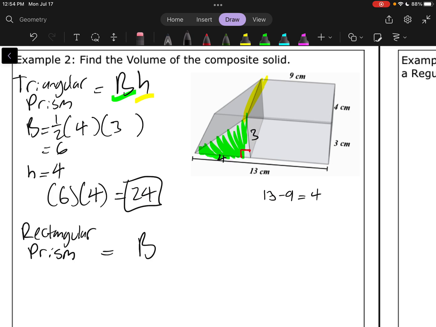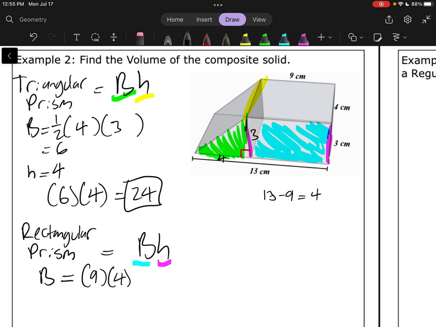Now for the rectangular prism, we need to do big B times H, and our big B should be the area of this rectangle down here, times the height, which will be the 3. So for the area of the rectangle, I'm going to do 9 times 4, because we know that's 9, and this part here is 4, so we can see it over here.